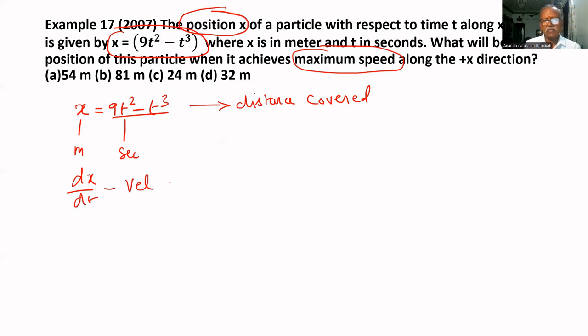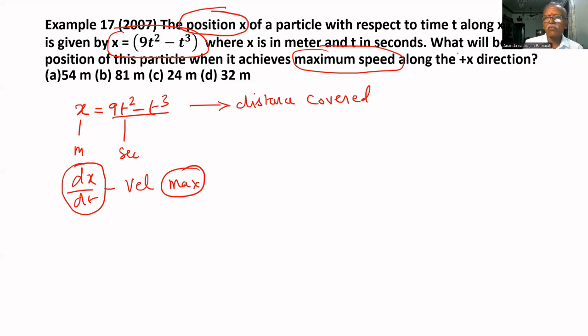That gives velocity. This velocity is not constant because it is a function of time. That's why velocity will vary, but at a particular value of t, the speed will be maximum. At that time, what is the displacement?